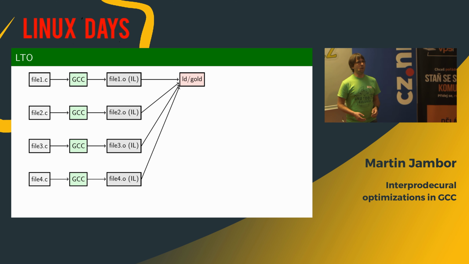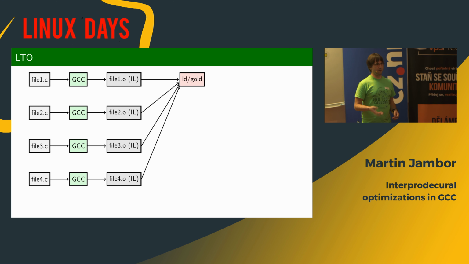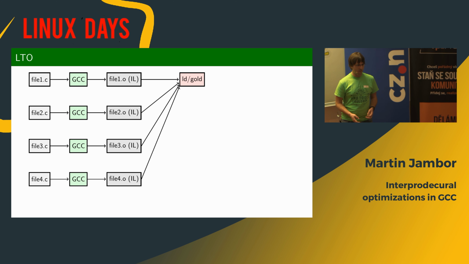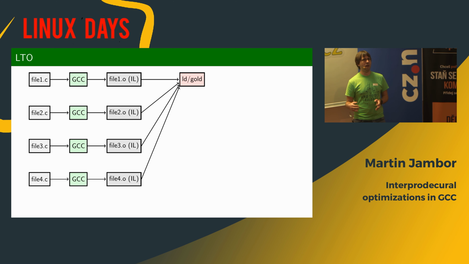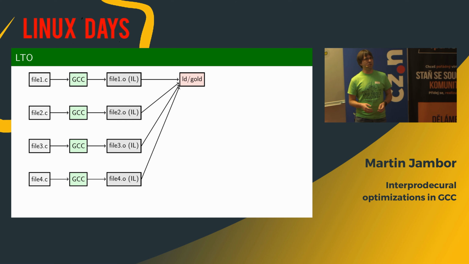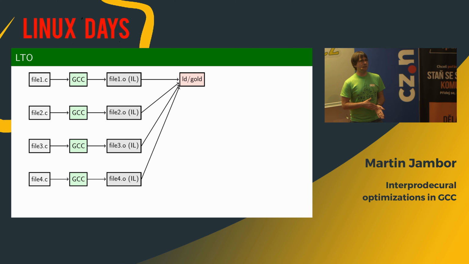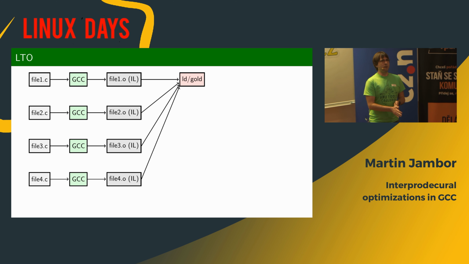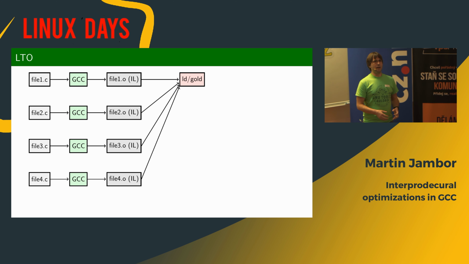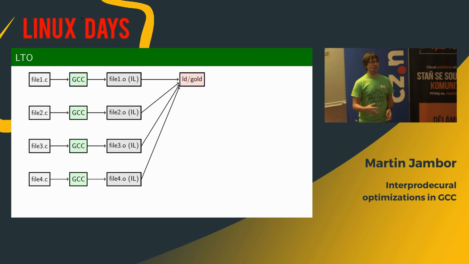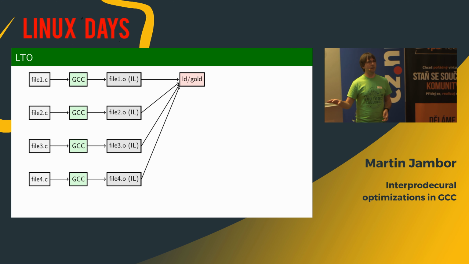So in LTO mode, when you compile your source files with -flto, you will end up with .o files that to users look pretty much just like normal object files, except that they contain intermediate language. They contain a representation of your compilation units in an intermediate form, which still has a lot of information that the compiler can then use for optimizations. It may or may not also contain the standard object file sections.